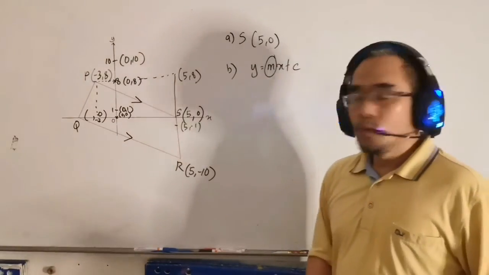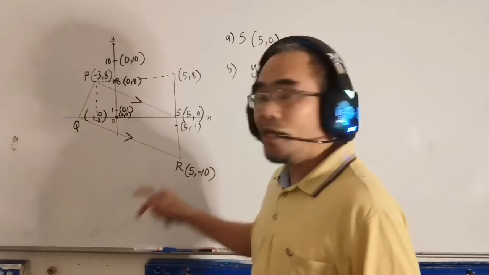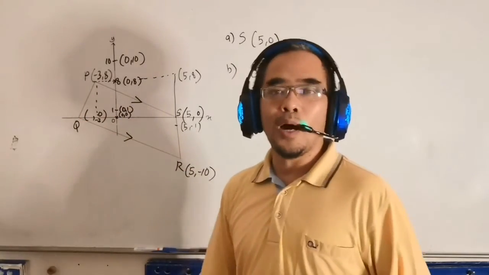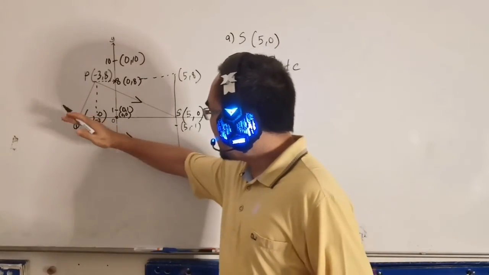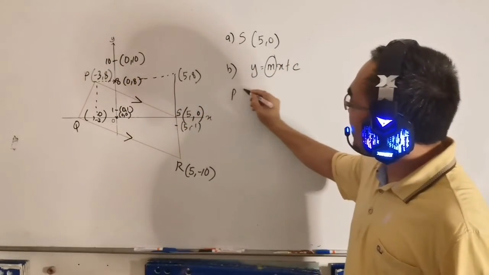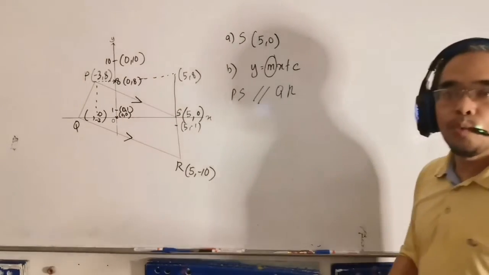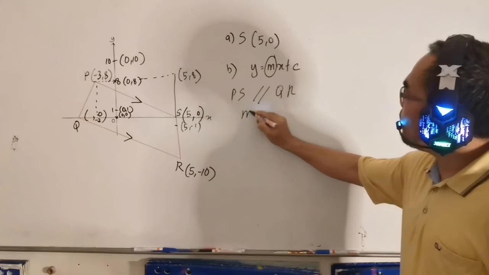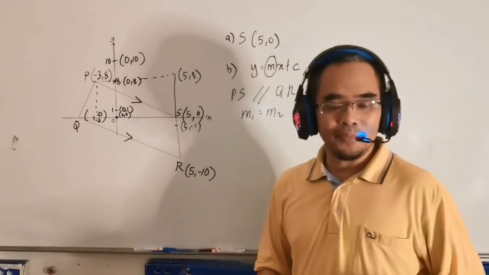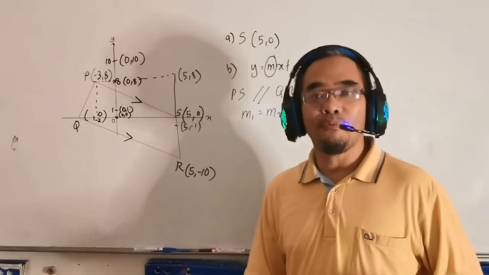There is only one coordinate, so it is not possible to find the gradient for QR from the line QR. But QR is parallel to PS. So m1 equals m2. If two lines are parallel, they have the same value of gradient.